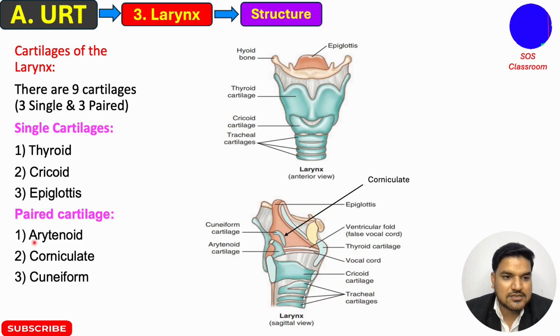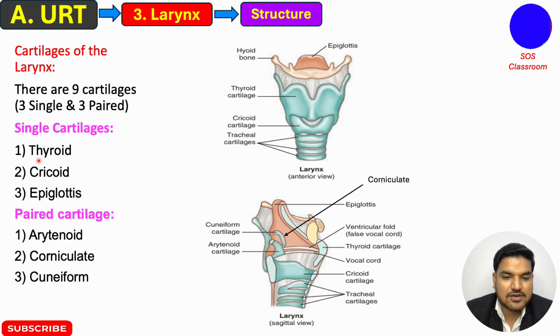The paired cartilages are arytenoid 2, corniculate 2, and cuneiform 2. So there are 6 paired cartilages and only 3 single cartilages. Total 3 single and 3 pair, a total of 9 cartilages present in the larynx.